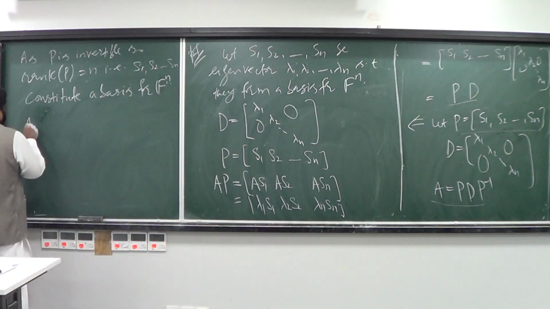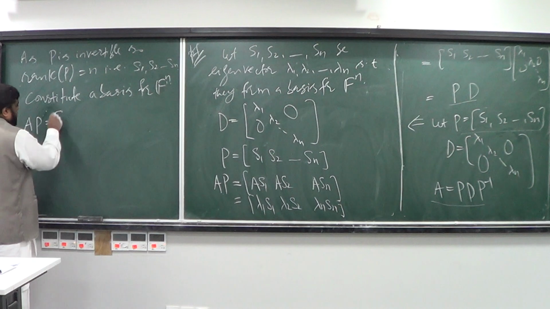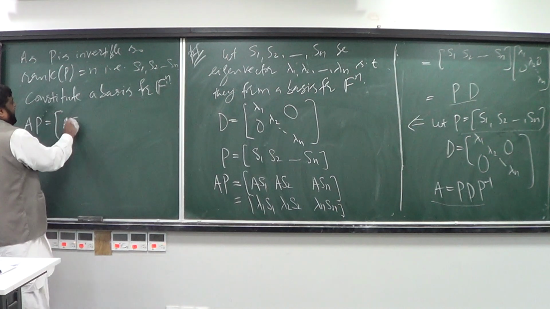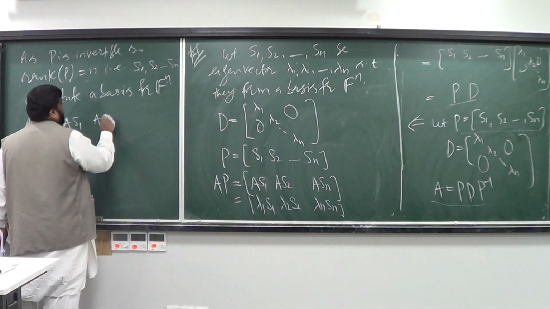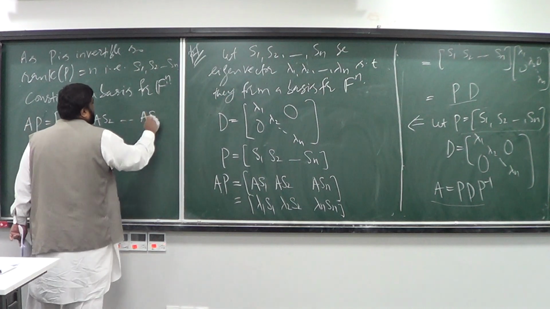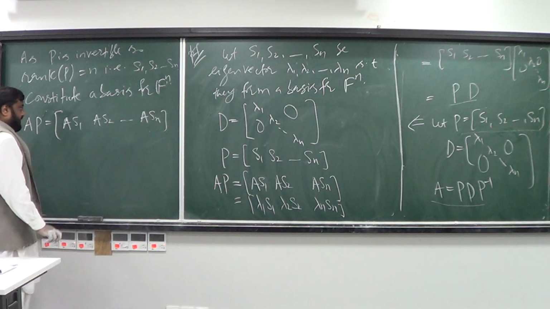So let's compute AP. AP is really AS1, AS2 up to ASn.